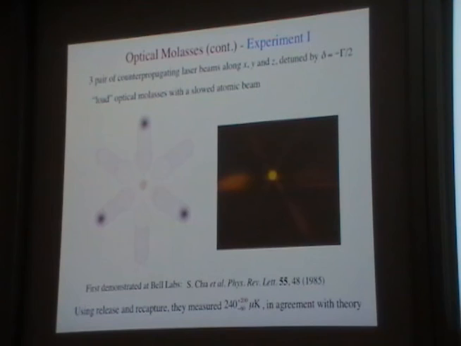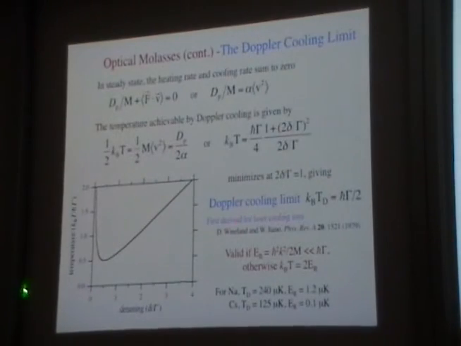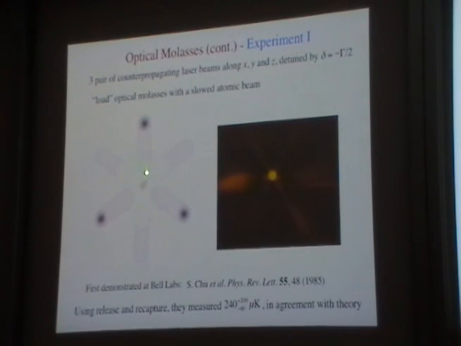Basically, they set up 6 laser beams, 3 pairs of counter-propagating laser beams along, for example, the principal axes, X, Y, and Z. They chose a detuning equal to what you would want to get the maximum cooling, exactly half a line width below resonance. They loaded atoms into this region of intersecting laser beams using chirp slowing, and they were working with sodium atoms.